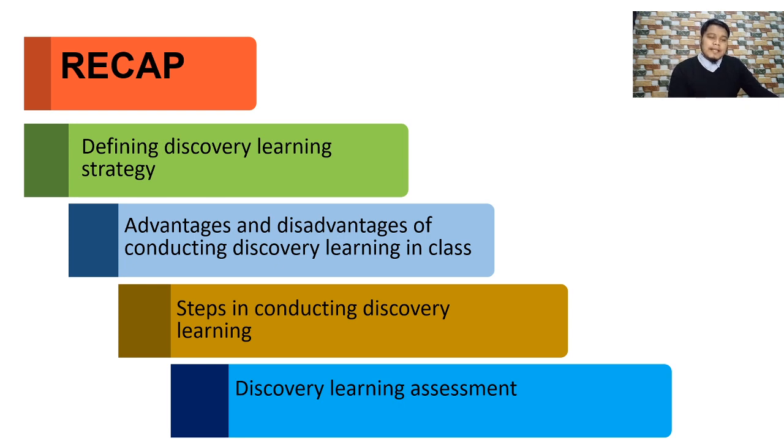And the second is about the advantages and disadvantages of conducting discovery learning in our class. There are many, but in the presentation we have 3 advantages and also 3 disadvantages. And number 3 is the steps in conducting discovery learning. There are 6 steps: first stimulation, problem statement, number 3 data collection, number 4 data processing, number 5 verification, and the last is generalization. It is used to sum up our findings and our analysis to get the conclusion.